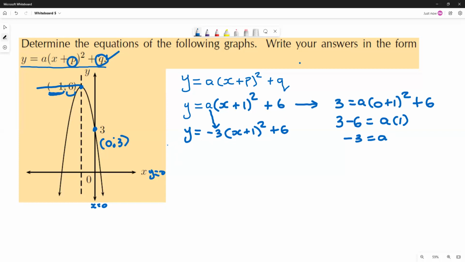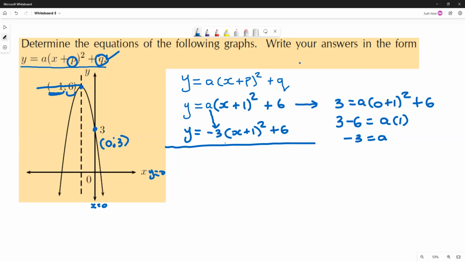According to the question, this is the form that they want us to leave it in. But if they don't tell you which form to leave it in, you're always going to convert it to the basic form. I'll just show you with this one.